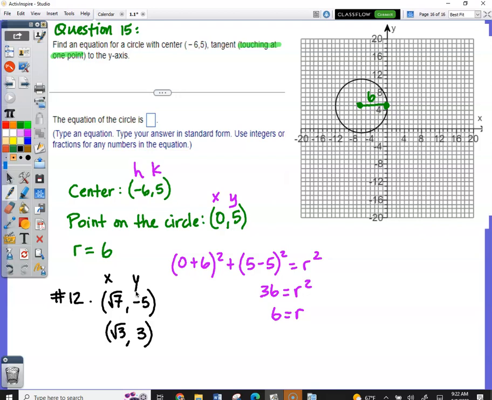The equation of the circle would be parentheses x plus 6 parentheses squared plus parentheses y minus 5 parentheses squared equals 36. Wait, you did do square root of 5 on that one, on the result.